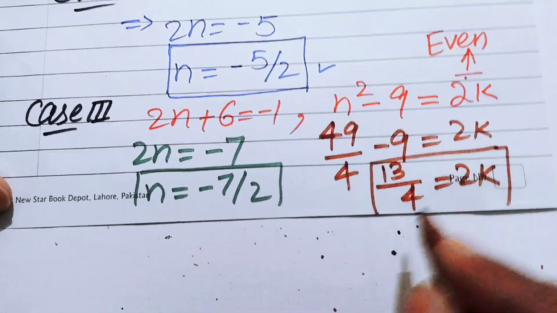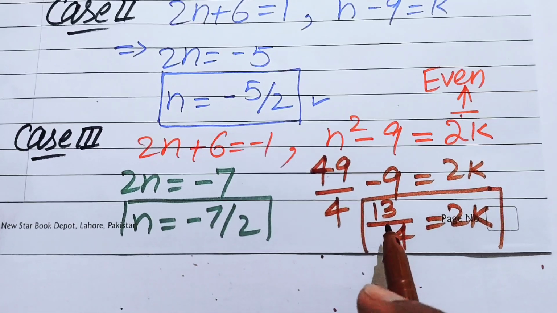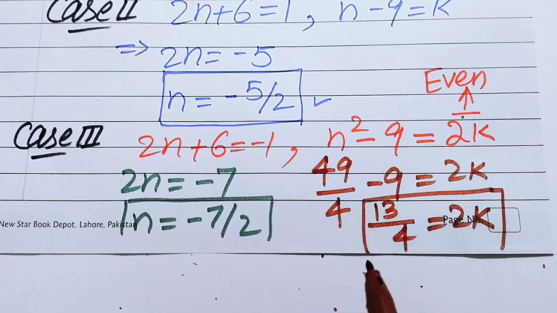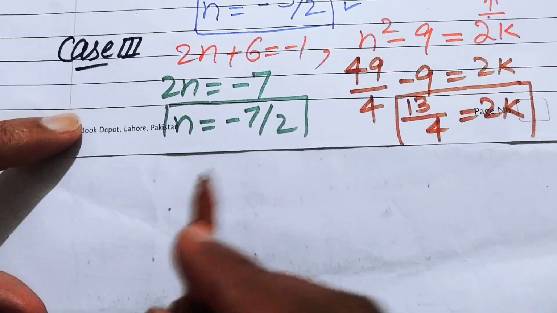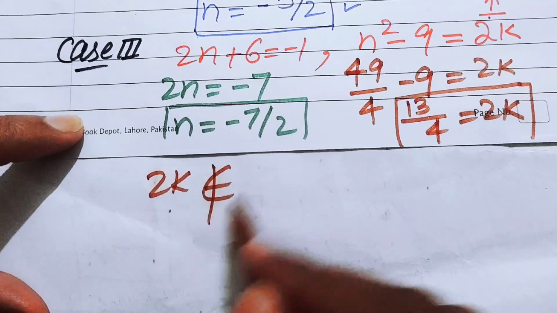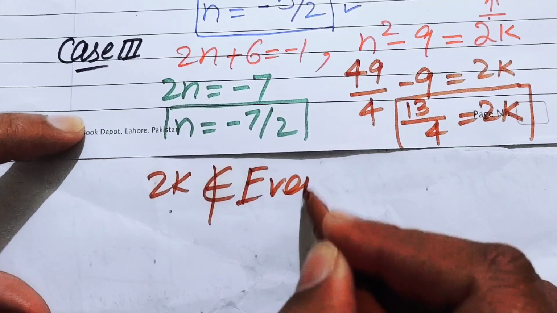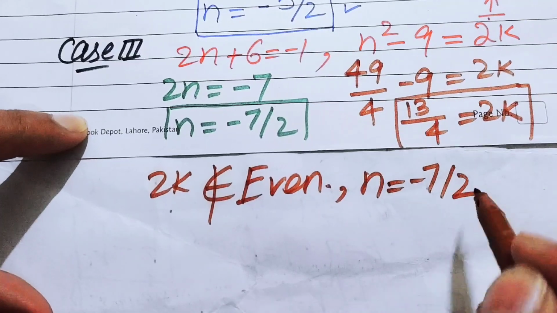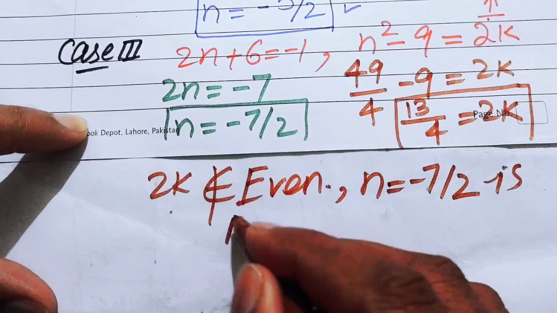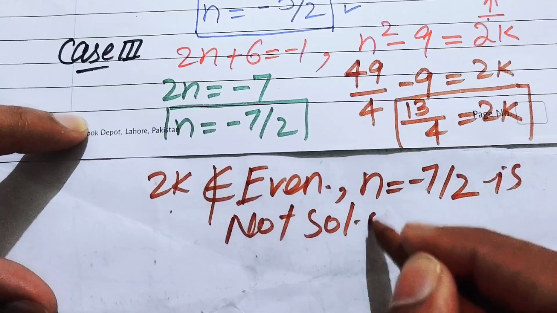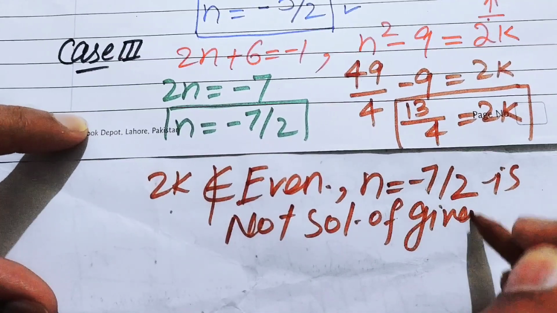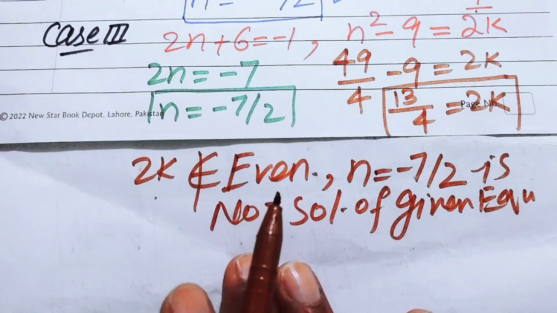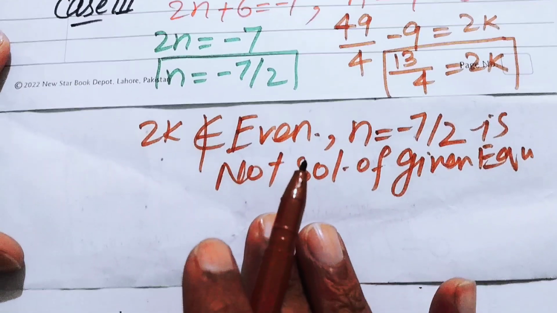So here you see that 2k cannot be an even number. So 2k does not belong to the even numbers, so n equals minus 7 over 2 is not a solution of the given equation. We reject case number 3 because it cannot satisfy the given condition of case 3.